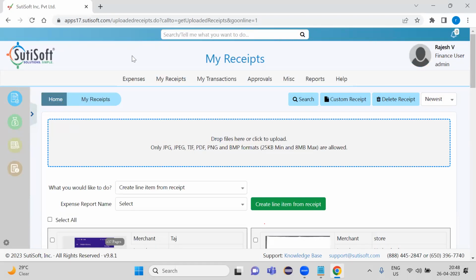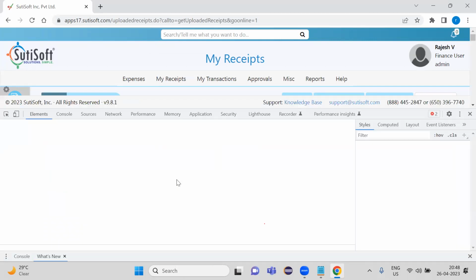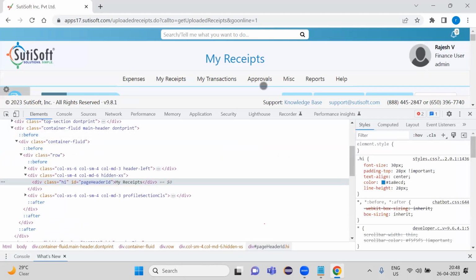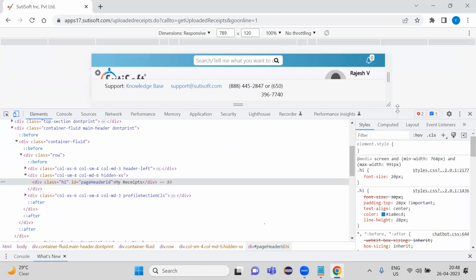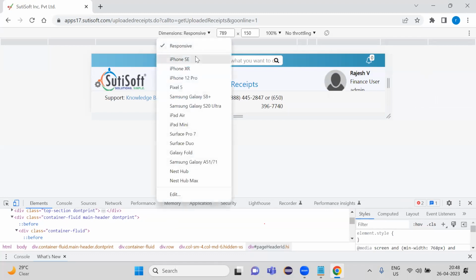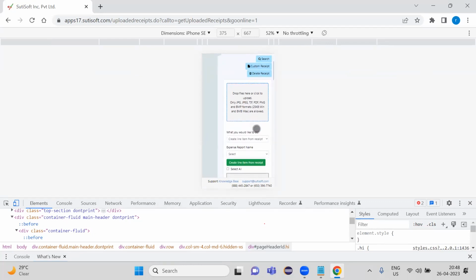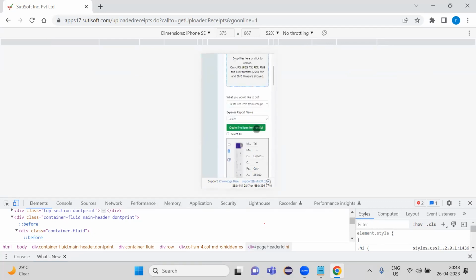Compatibility is nothing but, I will show the compatibility in my Windows as well. Are you able to see my screen? This is the iPhone version. How does it feel? Is it compatible, is the look and feel good or not?